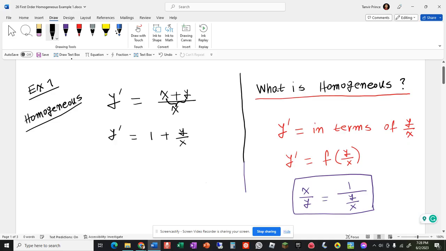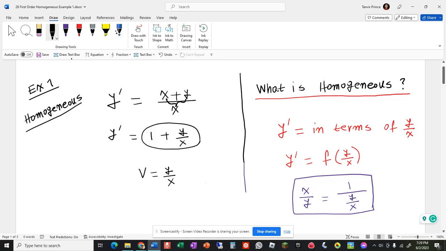And you can see that the right hand side is in terms of y over x. Excellent. Now I can do the substitution. The substitution is always v equal to y over x.